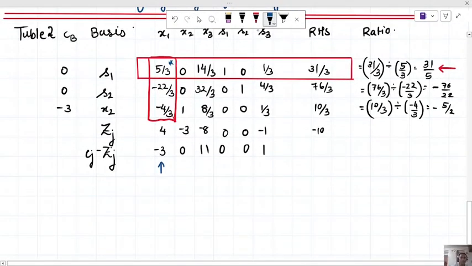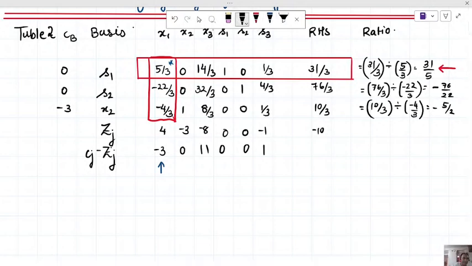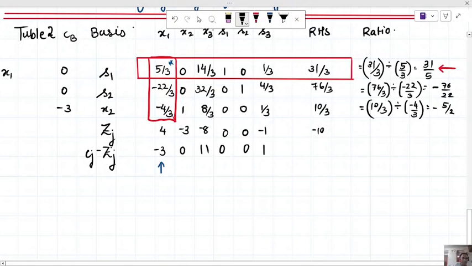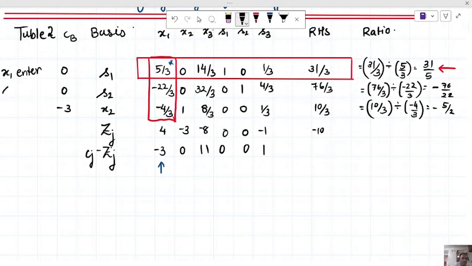Table 2, so here we can write down which is the leaving variable. x1 is going to enter and s1 leaves. This is what is going to happen. So now we put the double line.